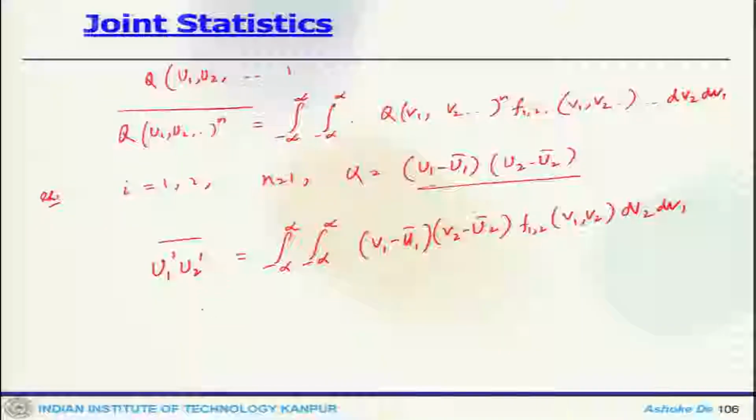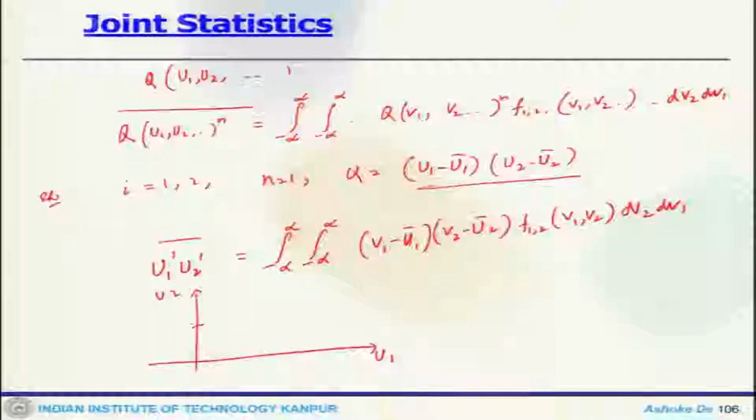Essentially, with u1 on one axis, u2 on the other, and the means u1 bar and u2 bar, things could be scattered in this fashion. This is a scatter plot of two velocity components u1 and u2, and the covariance shows the correlation between these two variables.